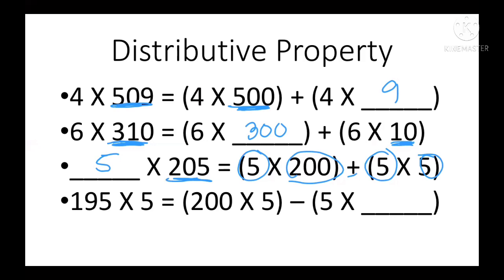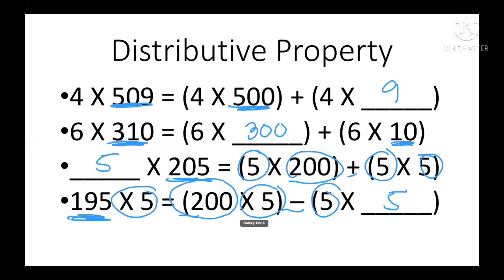This is a tricky question, but you just need to use your logic. Yes, the answer here is 5. See? 200 minus 5 is 195. So we are about to concentrate here. So times 5 and then times 5.